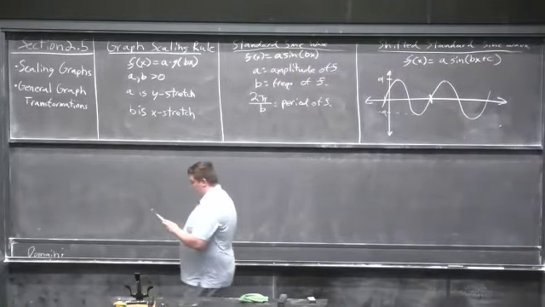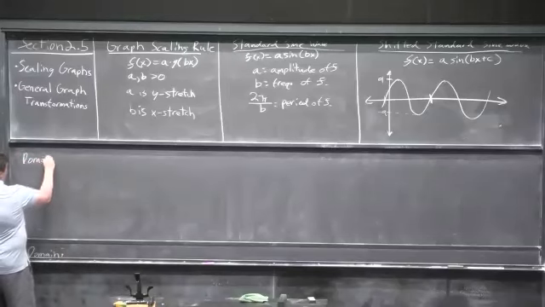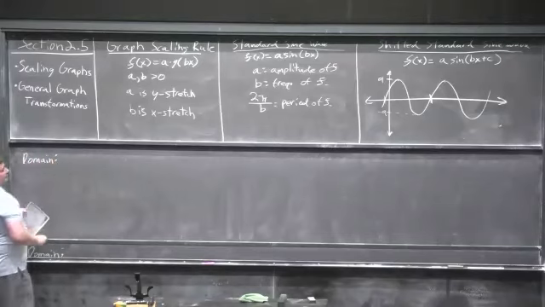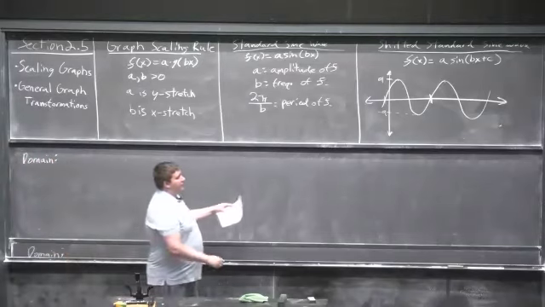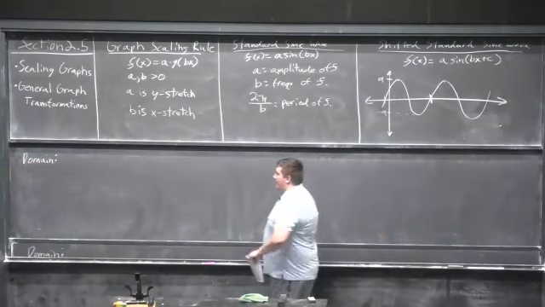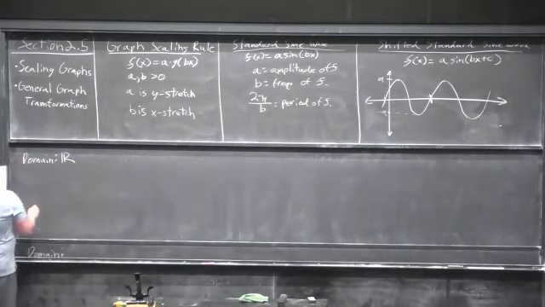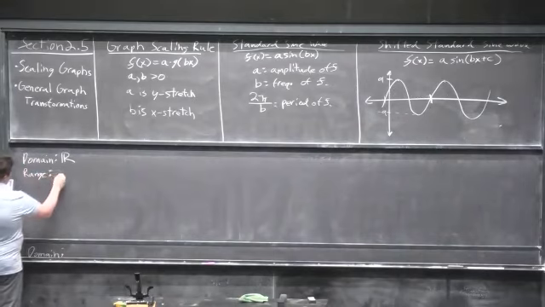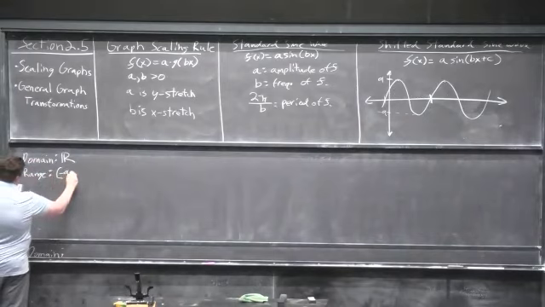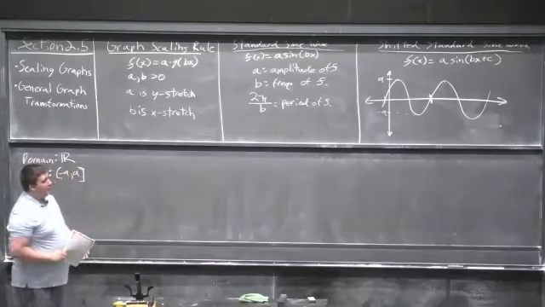Well, let's do that. So the domain of the shifted standard sine wave, so we're using this function here, the domain of it is all reals. The range will go from negative a to a, as that is from the bottom of the wave to the top of the wave.